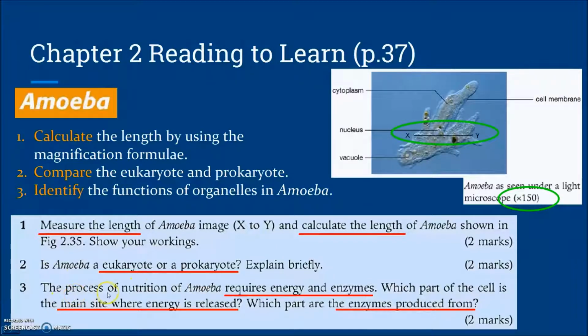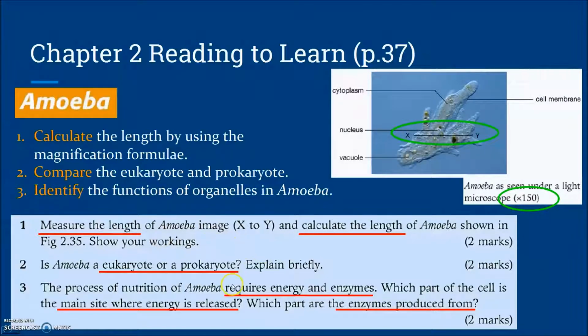And the third one, the process of nutrition of the amoeba requires energy and enzymes. So which part of the cell is the main site where energy is released, and which part are the enzymes produced from? So the third point is that you need to identify the functions of organelles in the amoeba. Somehow they will not ask you directly what is the function of the nucleus, a simple recall question.